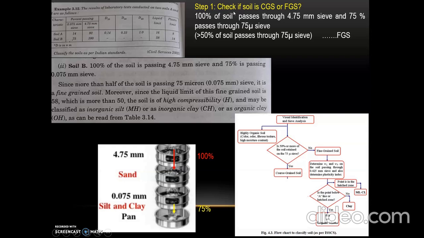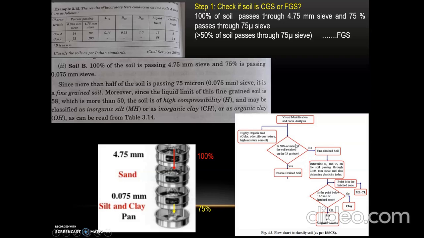To begin with, we need to check whether the soil is coarse grained or fine grained. As seen from this flowchart, we need to check this condition: 50% or more of the soil is retained on 75 micron sieve.